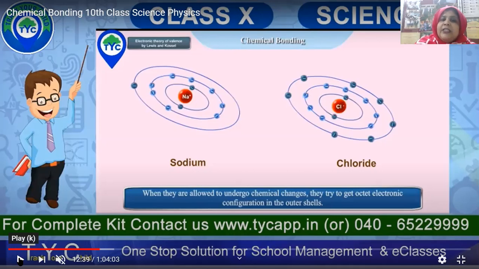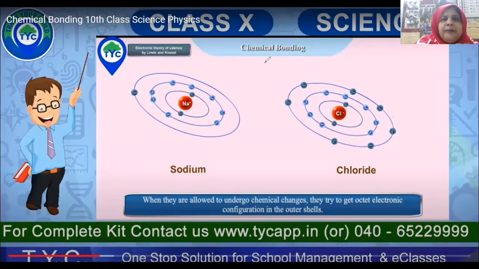Yes, the octet rule is the inert gas rule, where the outermost shell, if I can share a pen with you, I'll just show you how it is. See, this is the outermost shell, okay?